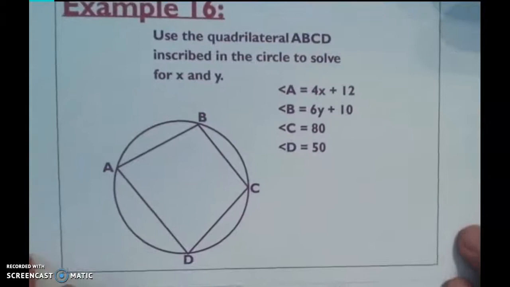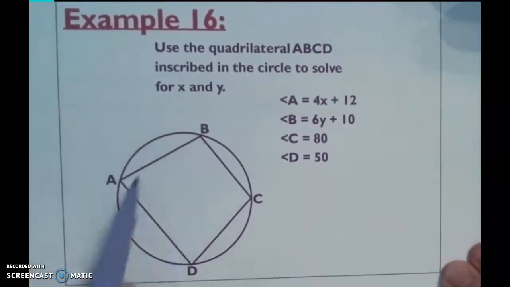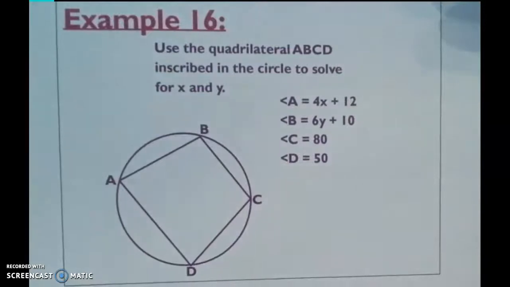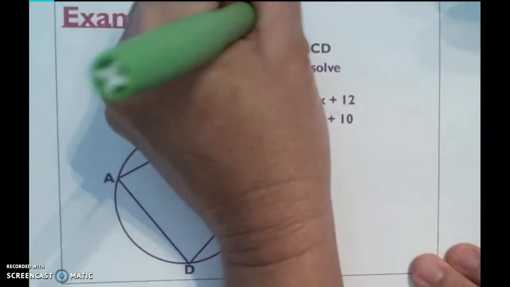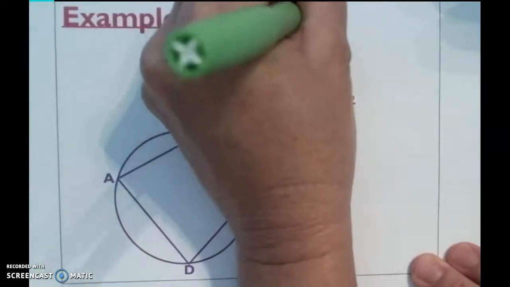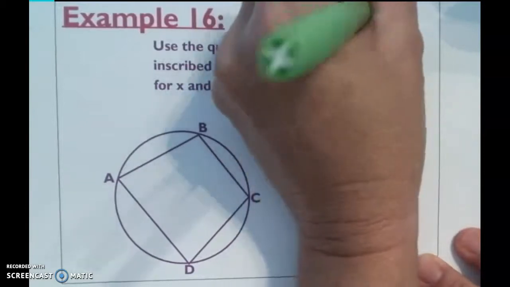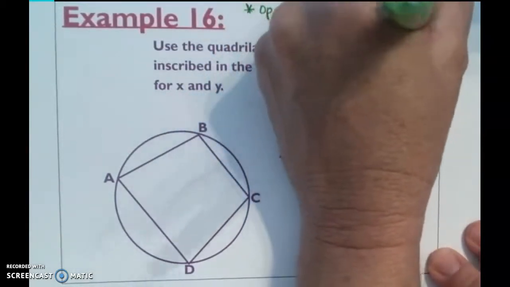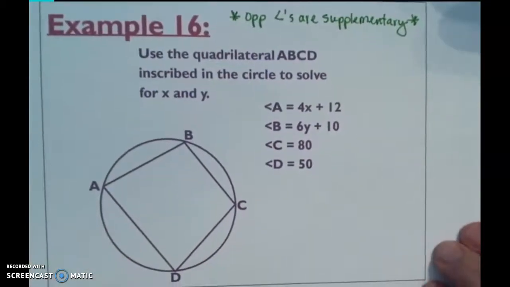Our last example, we have a quad inscribed inside of this circle. Remember, inscribed inside, and we're going to solve for x and y. So what I need you to remember here is that opposite angles are supplementary.